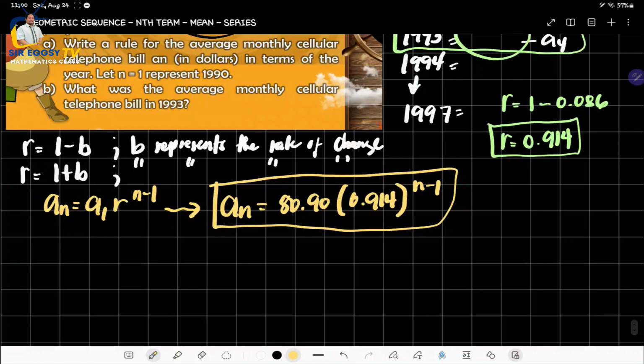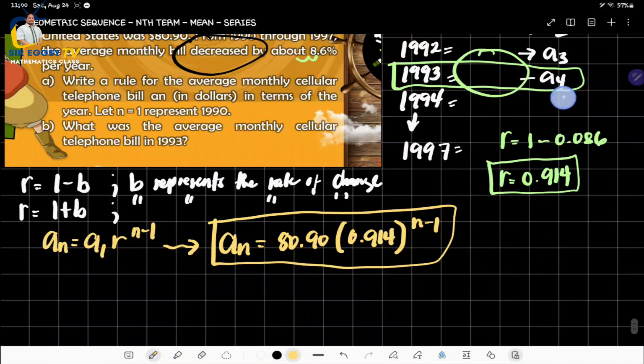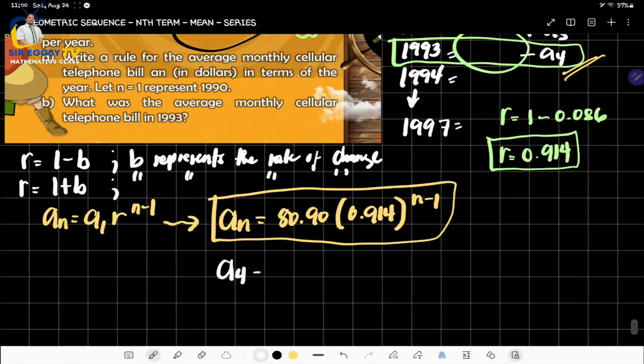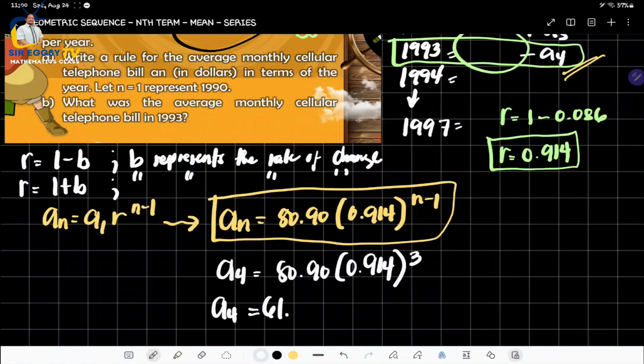Now, for the average monthly cellular telephone bill in 1993, since in that case we're talking about a sub 4, that will be a sub 4 is equal to 80.90 times 0.914 raised to 3. And this will give us 80.90 times 0.914 raised to 3, which will give us a sub 4 as 61.77.